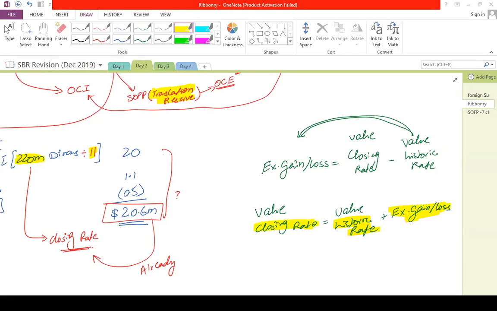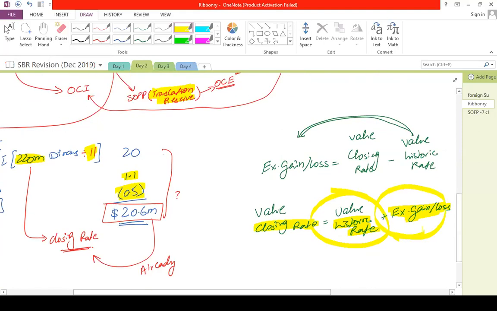Similarly, in the case of NCI, we use the opening rate, historic rate, this one, and this 1.1 and 0.5 include the exchange gain or loss. So this means if I add the opening rate and the exchange gain or loss, the closing value will automatically be at the closing rate.